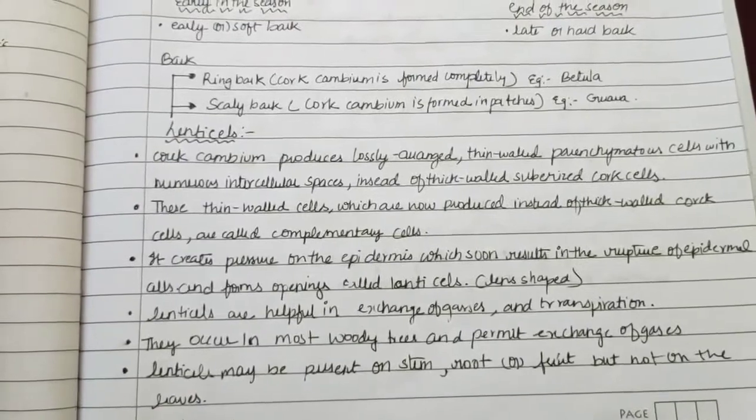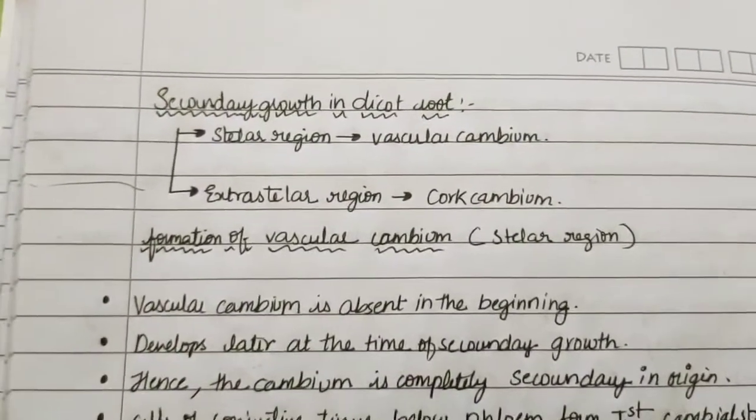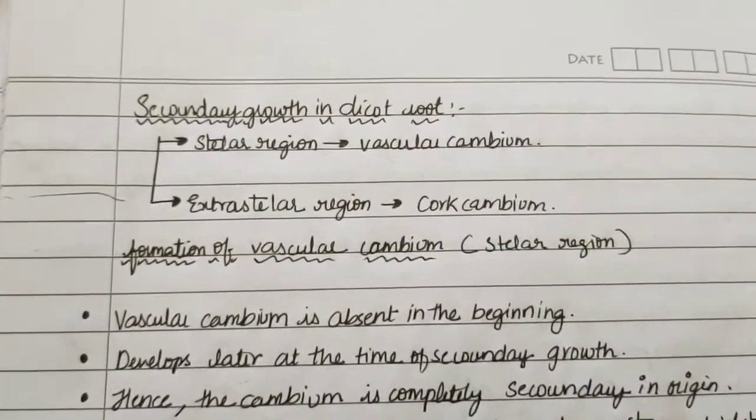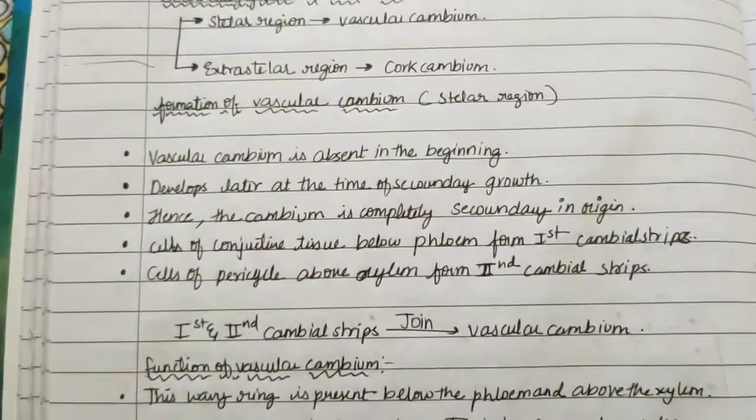Lenticels are highly helpful in exchange of gases and transpiration. They occur in most woody trees and permit exchange of gases. Lenticels may be present on stem, root or fruit, but they do not occur in leaves.